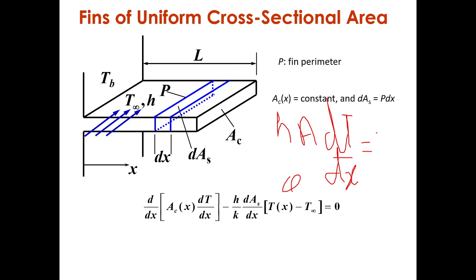So Q convection, we know that is h A into the temperature difference, T_x minus T infinite. When we divide by k on both sides, taking the right side to the left, the minus sign will come.